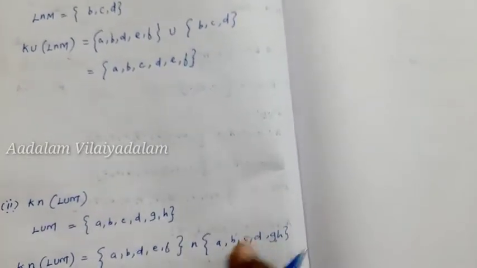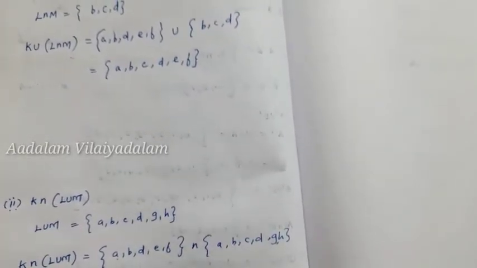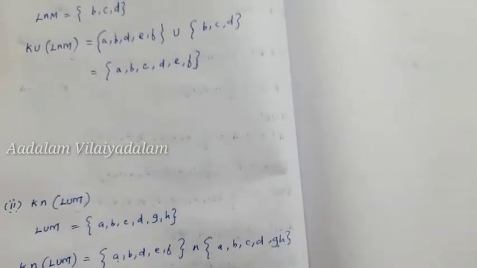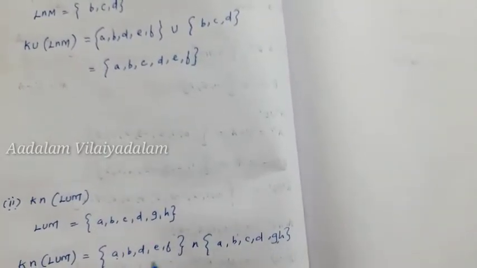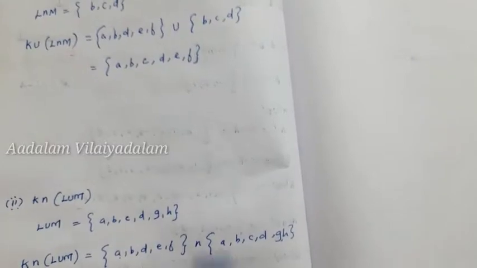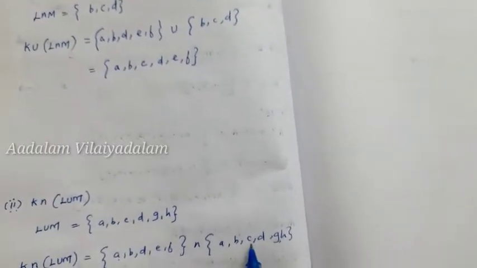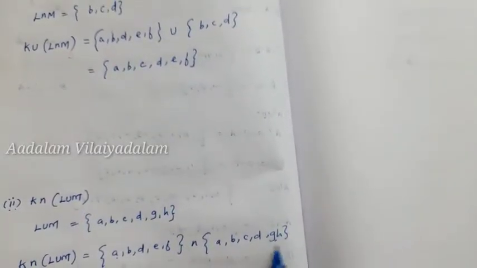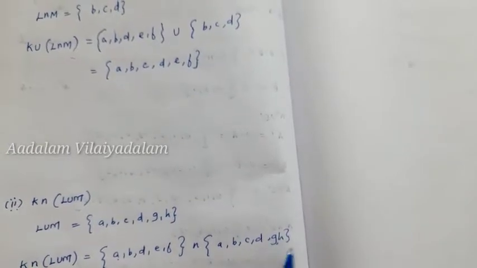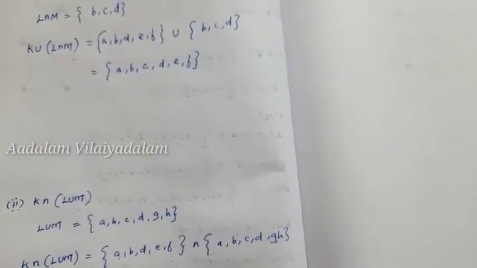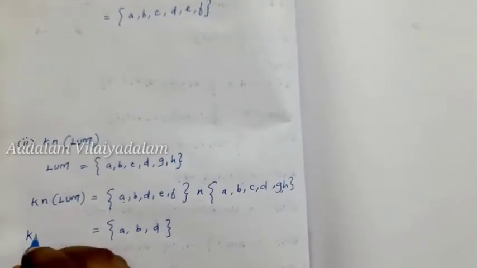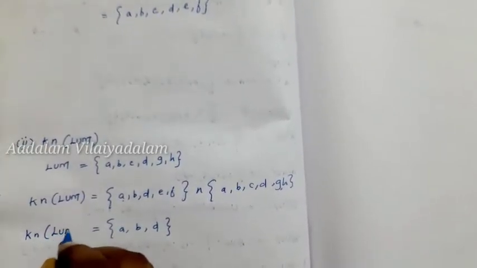A is common, B and B are common. Is there a C? There is no C. D is there. E is not there, and G, H are not there. Okay, so with this we can finish the second subdivision, that is K intersection L union M.